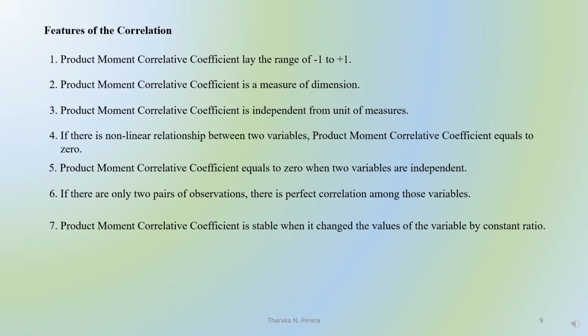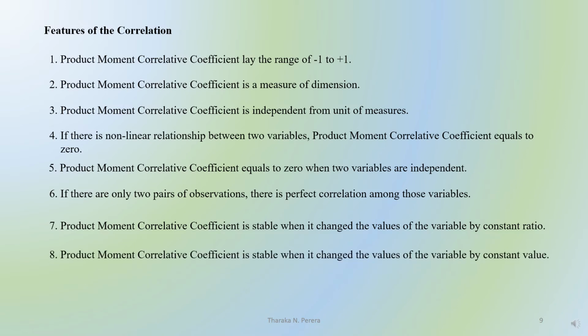Likewise, the product moment correlation coefficient is stable when we change the values of the variable or variables by a constant ratio. The product moment correlation coefficient is also stable when we change the values of variables by a constant value.